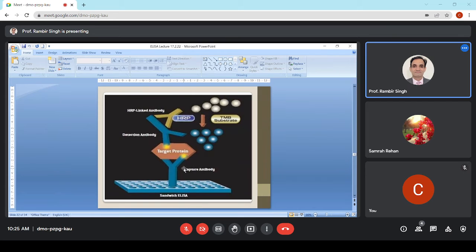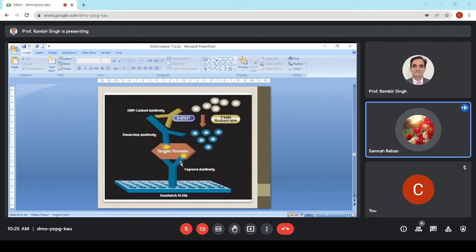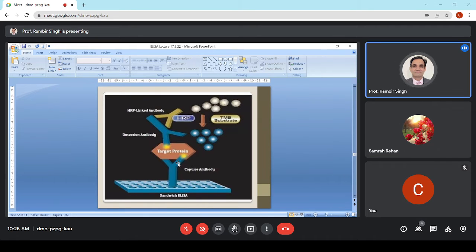The advantage with this one is that this antigen is conjugated by two antibodies. That means it becomes highly specific and highly sensitive. First, the antigen has to bind with its capture antibody. If it doesn't bind, then no reaction will take place. Then you have a detection antibody, which was called the primary antibody earlier, but here it is called the detection antibody. This antibody will again bind to the antigen.